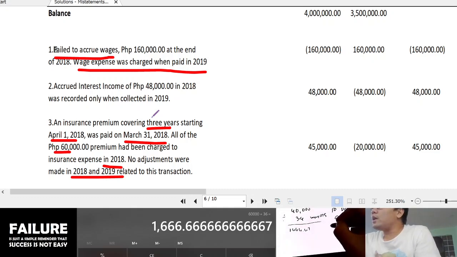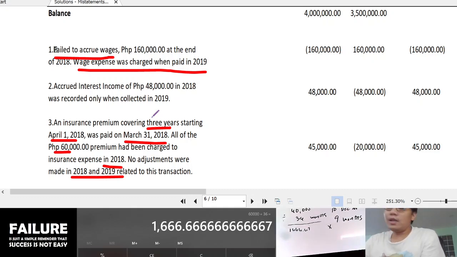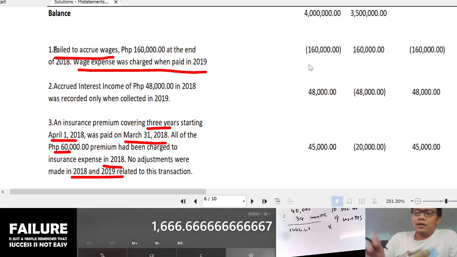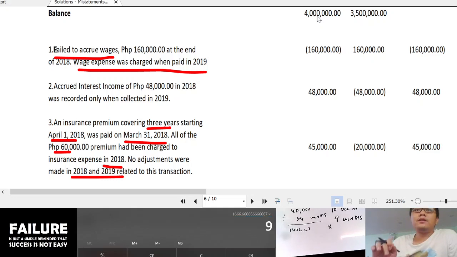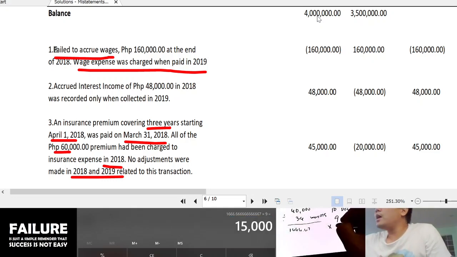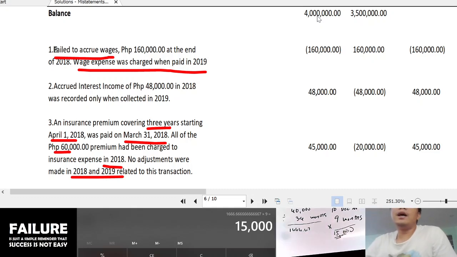So that means, kung 9 months lang, dapat ang nirecognize mo na expense sana is that itong monthly amortization natin na 1,666.67 times 9, dapat ang expense mo is dapat 15,000 lang. Diba? Dapat 15,000 lang.